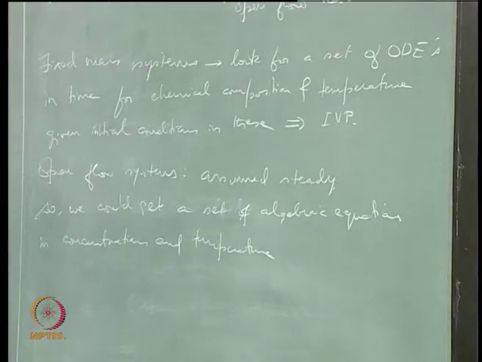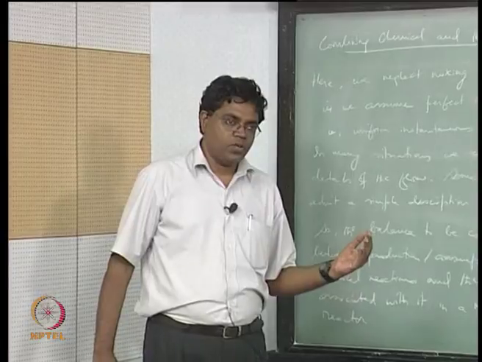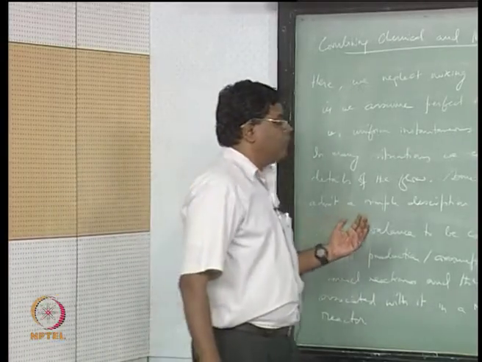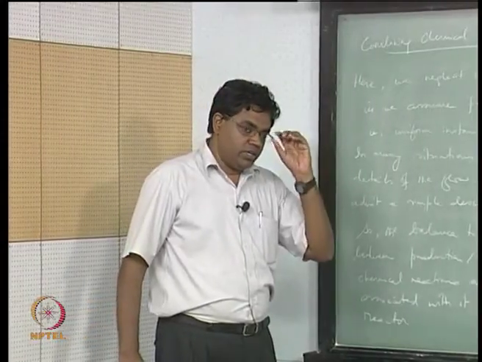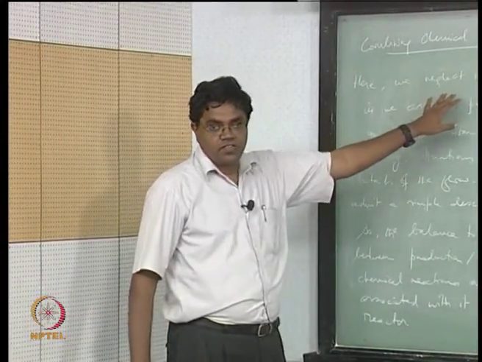Why am I saying we could? It is if you do not consider any spatial variation. Now, what we looked at avoiding earlier is spatial variation, spatial gradients in concentration.